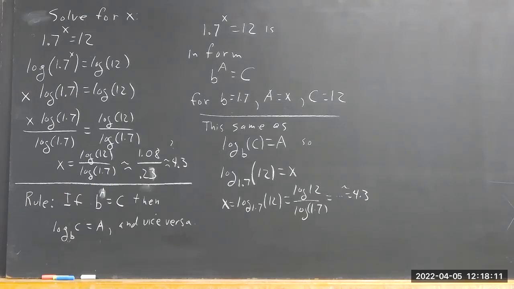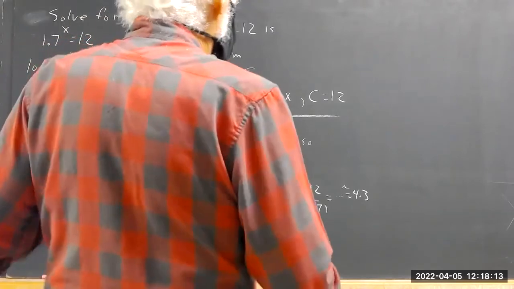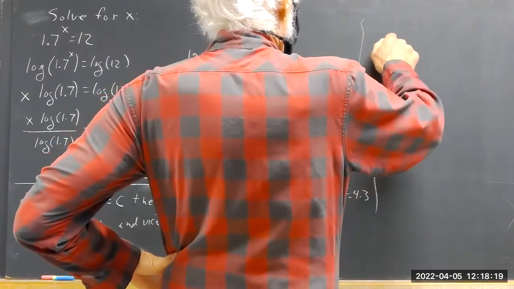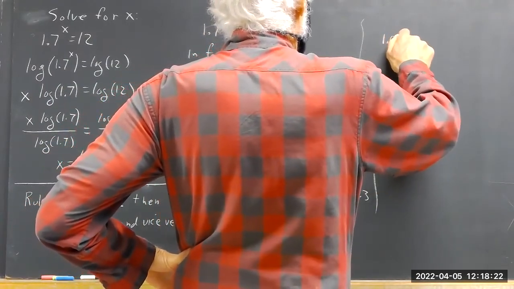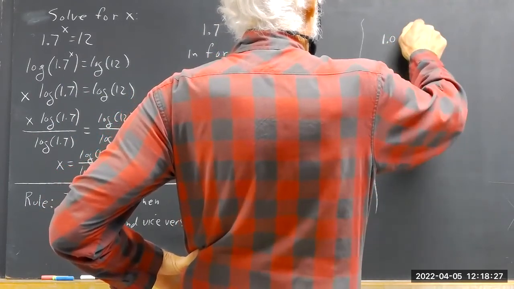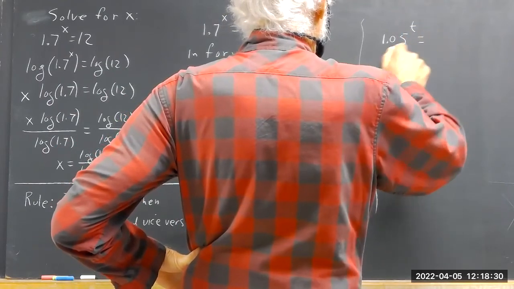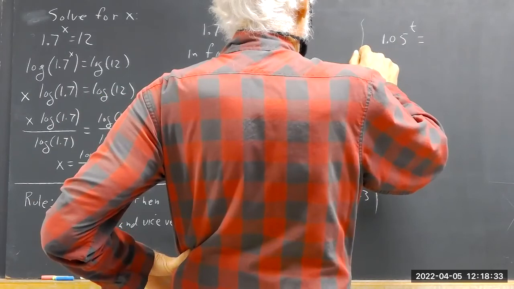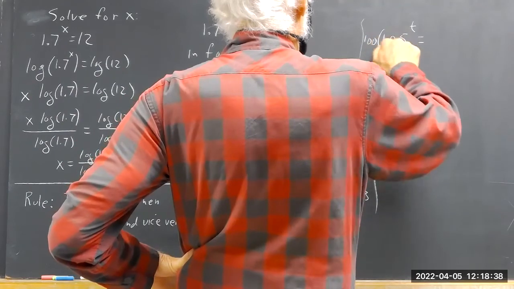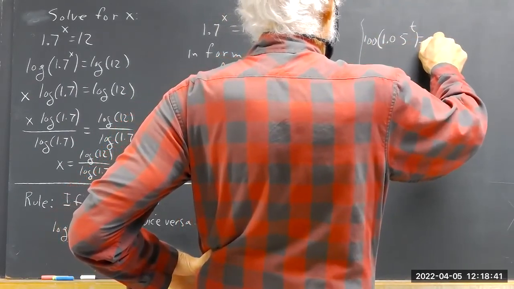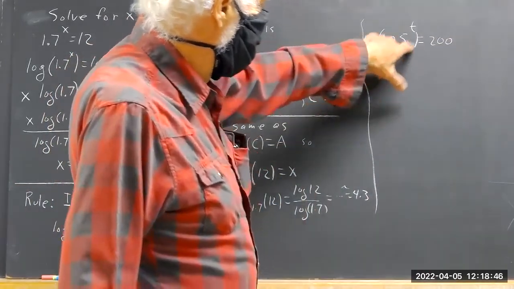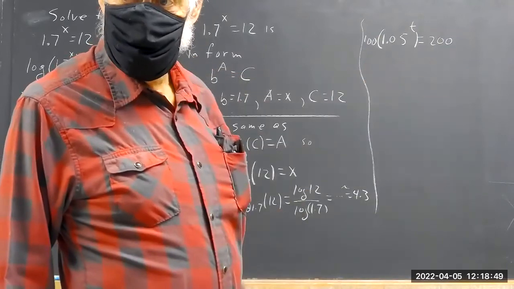Now, got time for one more equation. Let's say we have, badly written, 100 times 1.05 to the t equals 200.